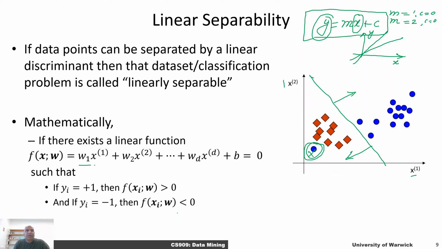A linear function of variable x with parameters w is a linear combination of these what we call weight values, w, and the features that are given as input. So let's say we have an example x that is represented by d features: we have x1, we have x2, and so on up to d different features.